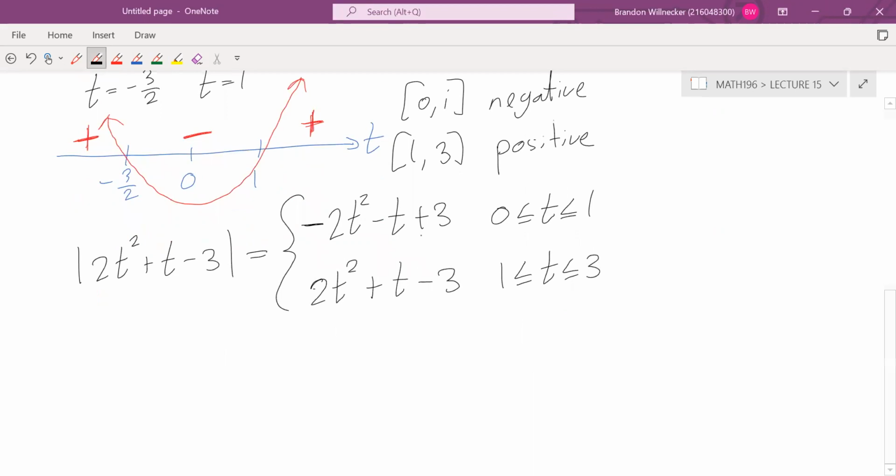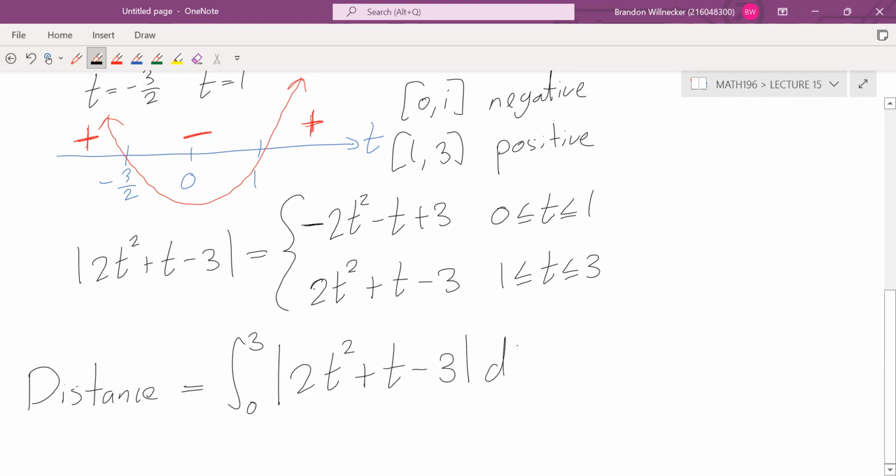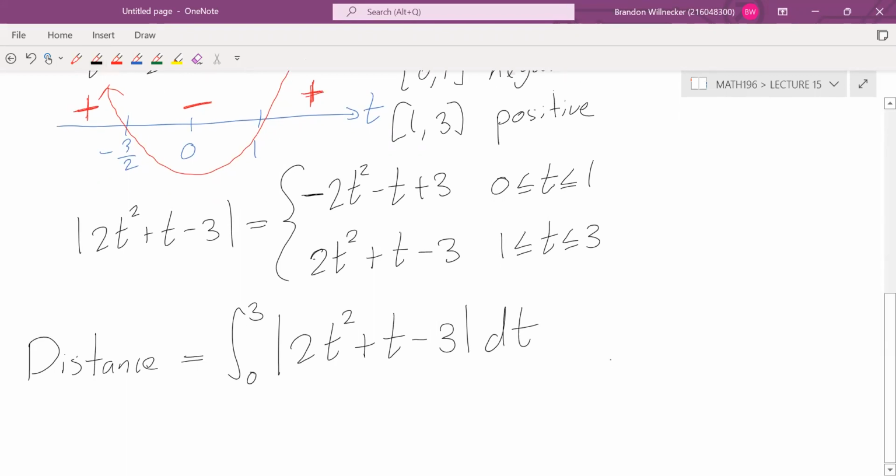So we've got this absolute value now. So if we want to calculate the distance, remember the distance is the integral from 0 to 3 of the absolute value of 2t squared plus t minus 3. Okay, so the distance is the integral on the time interval of the absolute value of velocity.